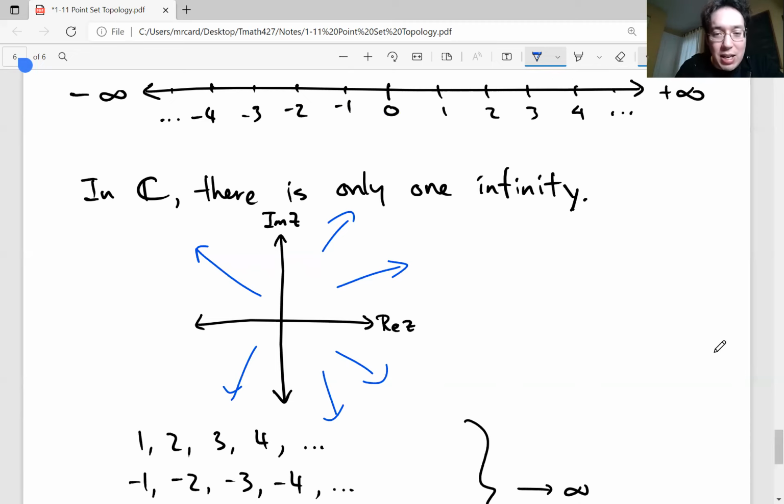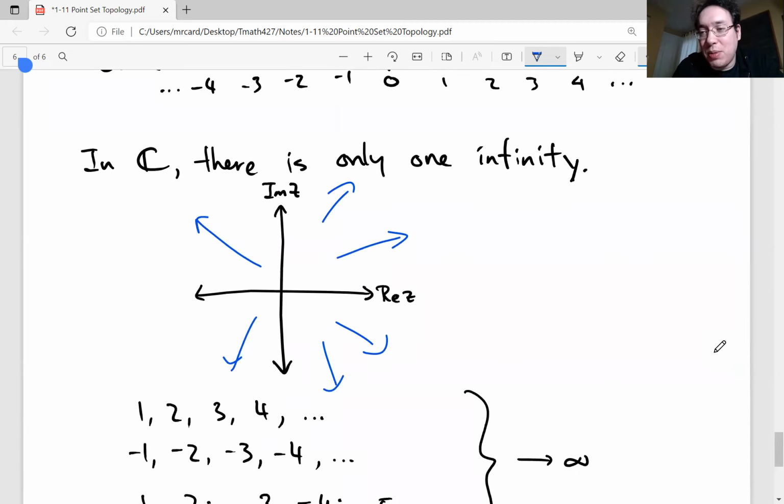In fact, we'll come to this conclusion in more than one way. But if you can imagine this complex plane as made out of cloth, put a basketball at the origin and wrap up the basketball with the cloth.